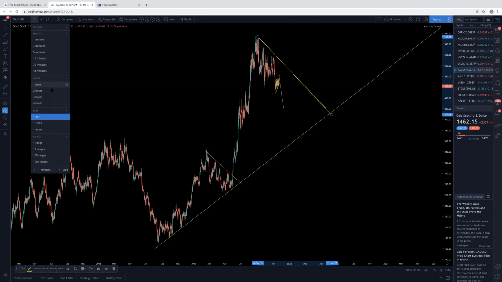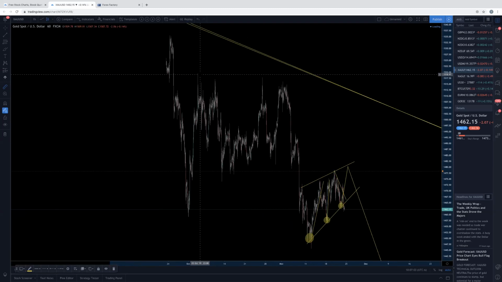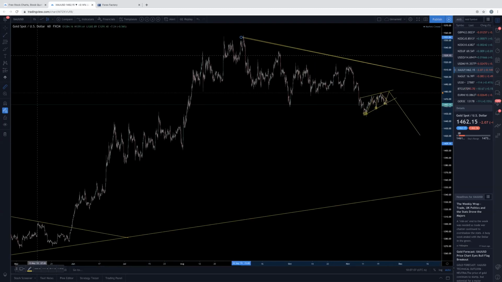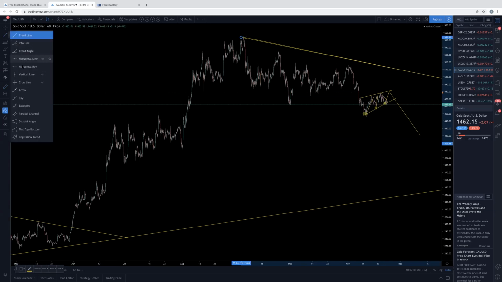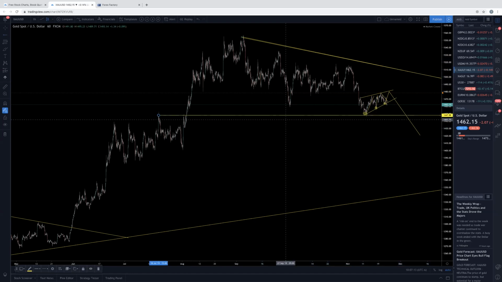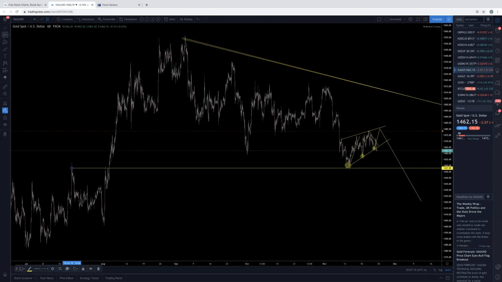So I go down to my 1 hour, and now I'm looking left. I understand price can come here, right? So it can just retest. Now understand what I just did right here. Look left. What is this area right now?